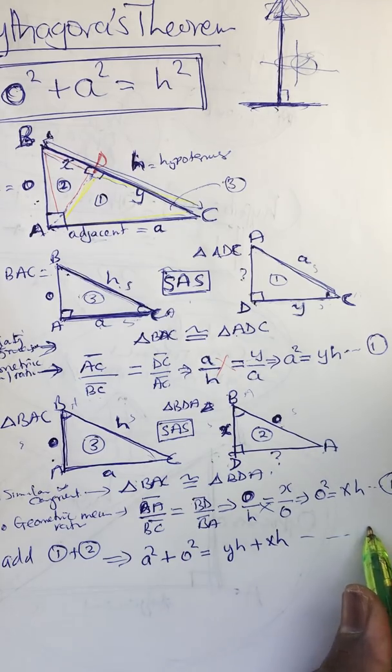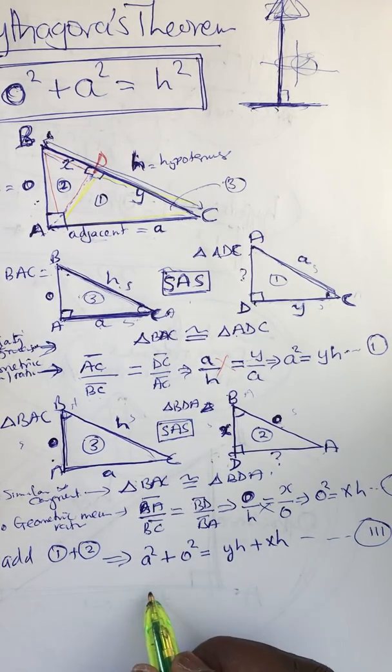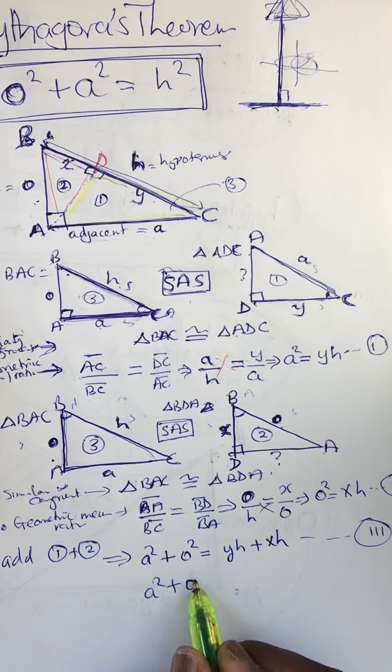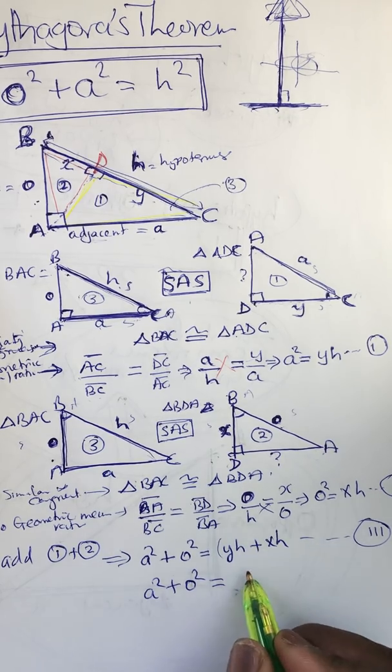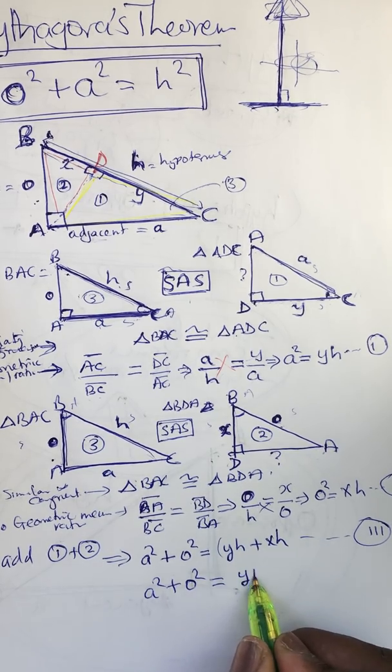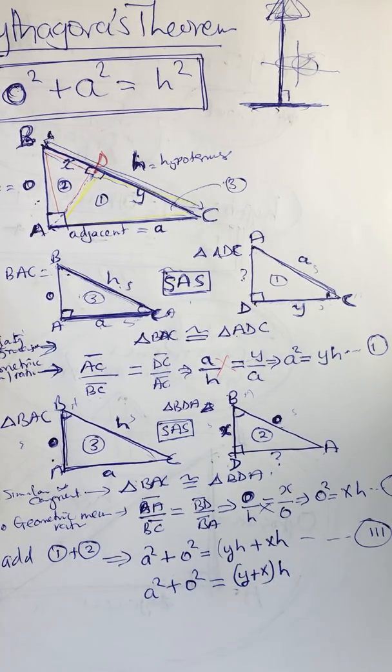You can call it equation number 3, but we are going to simplify this now, so that we have A squared plus O squared equals, and you can factorize it out, so that you have Y plus X, and then our H will be outside there.